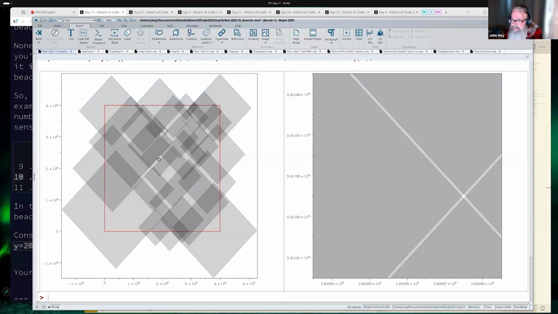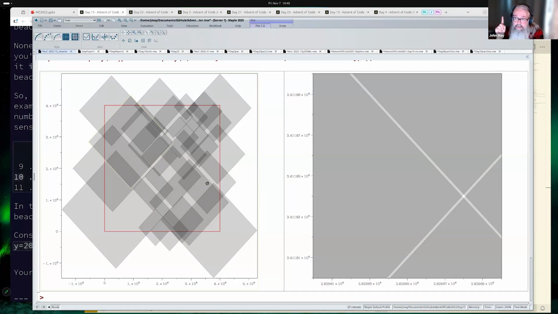But it's one of these cases where he's asked you to pick a row and count the number of integer points that have been covered by the collective set of scanners. And then the next part of the problem is to look at the red square and find the one spot in the red square that is not covered by a scanner.